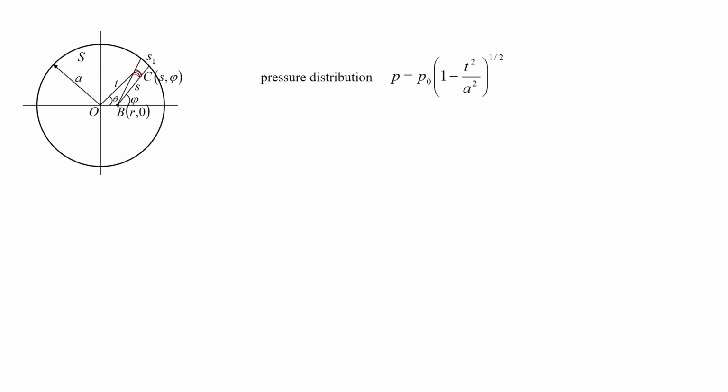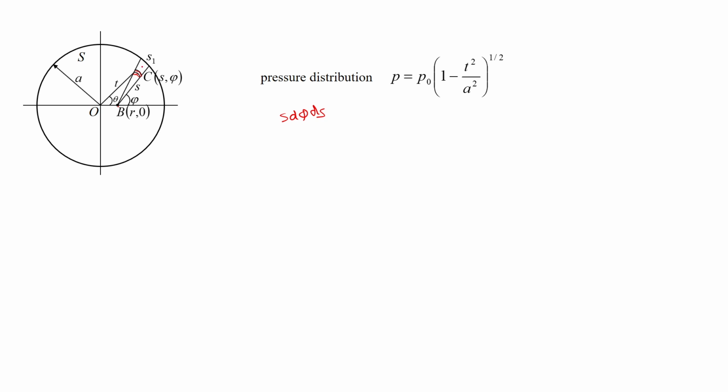What we want to know is that because of application of this infinitesimal load at c, or this infinitesimal area, the area is given by s d phi into d s. So, the load is applied on this area.